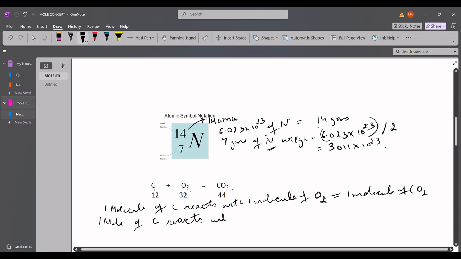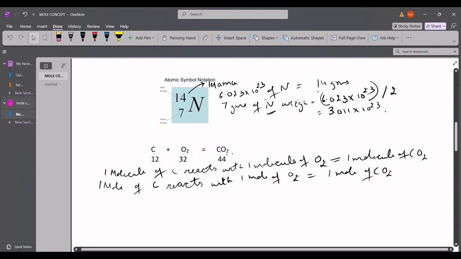If I say it in terms of moles, then 1 mole of carbon reacts with 1 mole of oxygen, and it gives 1 mole of carbon dioxide. If we say it in grams, carbon has a mass of 12, oxygen is 32, carbon dioxide is 44.